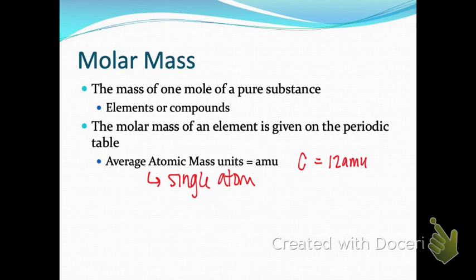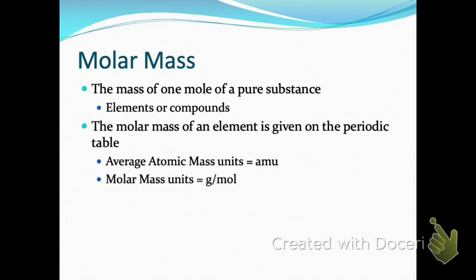That means I've got 6 protons and 6 neutrons, so together it weighs 12 AMU. But molar mass for carbon is measured in grams per mole, how many grams 1 mole of that substance weighs. For carbon, it's also 12. It's the same number, just on a bigger scale.